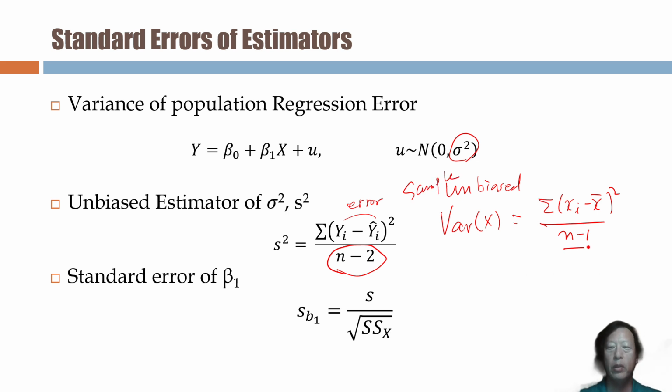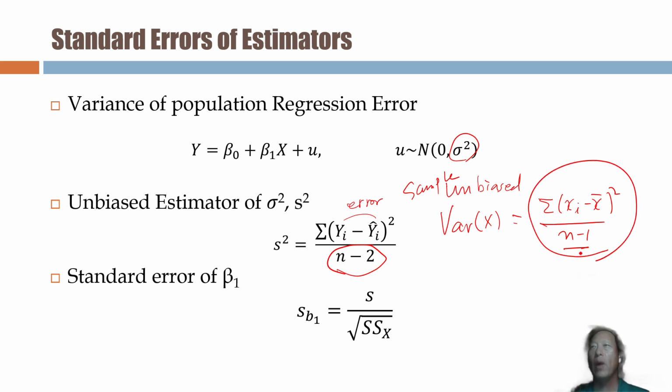This is a sample, so we take n minus 1. However, we have to take n minus 2 here, because in the error we contain, in this formula, what kind of parameter estimator do we have? We use this one, right?